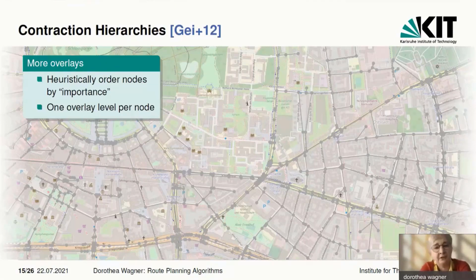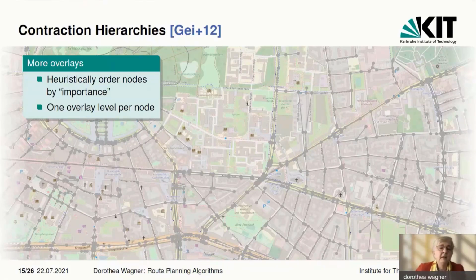to perfection, say. But let's go back to this work of Geisberger, Delling, Schultes, and Sanders, where contraction hierarchies are presented for the first time. The idea is to heuristically order the nodes in the network by importance, again, by importance, whatever that means.